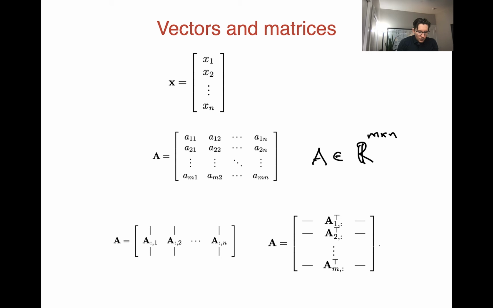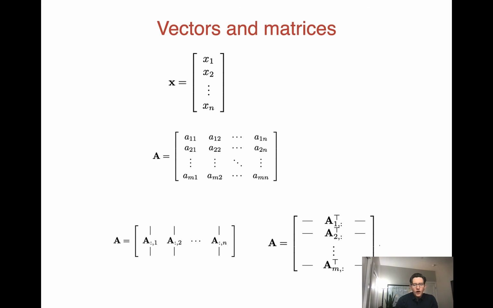Sometimes it can be useful to think of matrices not as a table of numbers, but as a matrix being a list of column vectors. So this is the same thing here. Note that we have A1, A2, all the way up to An. These are the different columns of A. So equivalently, we can consider a matrix as a list of row vectors.